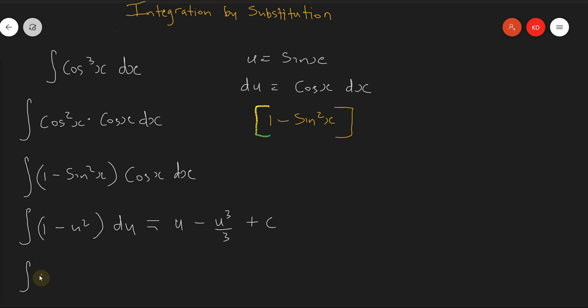So therefore the integral of cos cubed x dx is equal to sine x minus sine cubed x over 3 plus c. Good. And this was actually a good problem.